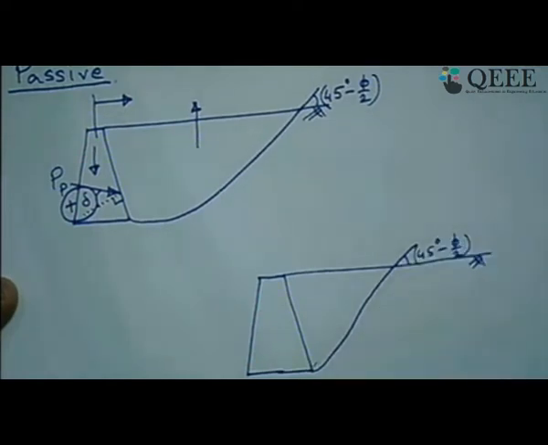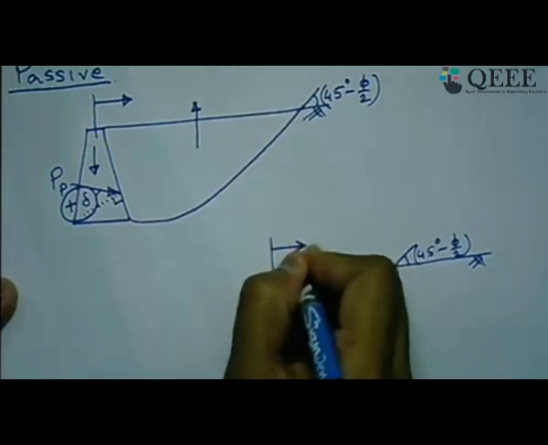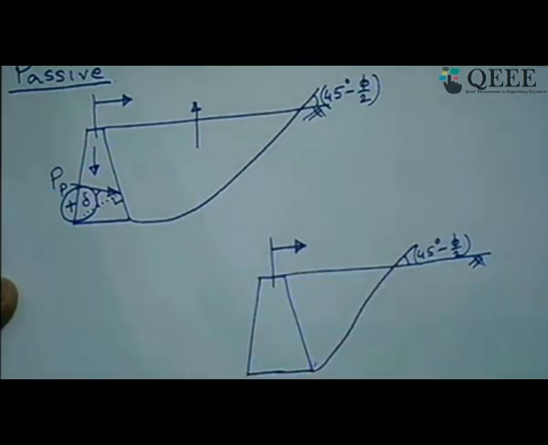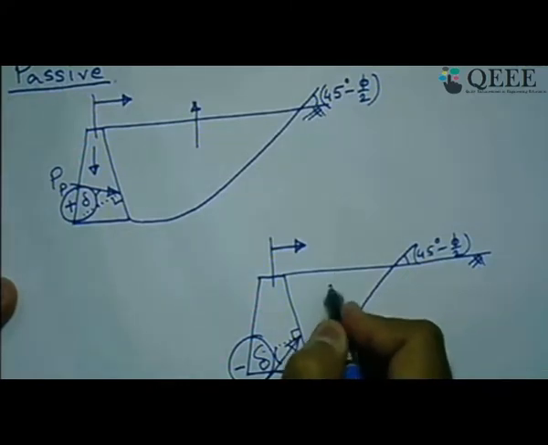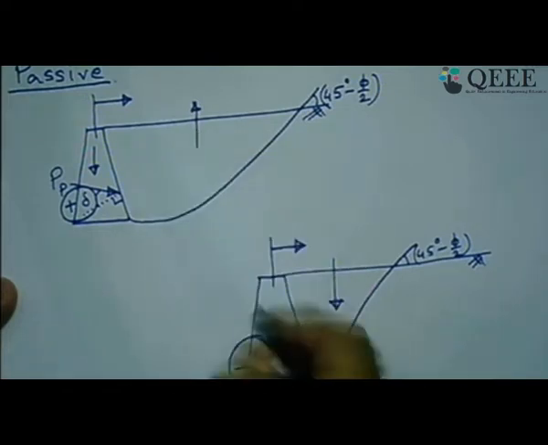This is curvilinear, and here as I am telling passive, so lateral movement is towards the backfill, and this is the normal to the wall. With respect to that, if passive earth pressure acts in this direction at an angle delta, that delta is known as negative delta. Why negative delta? Because in this case the relative movement of soil and wall is opposite to the positive one. So here soil goes down, wall moves up. That is the relative movement.